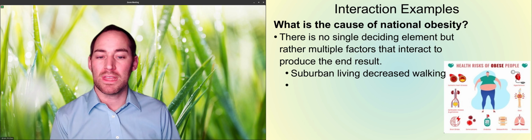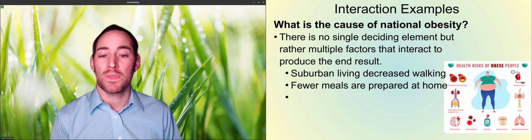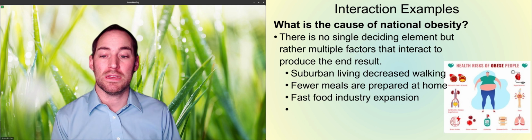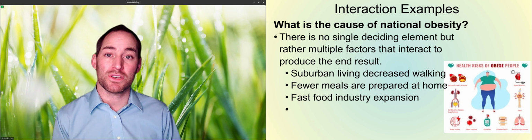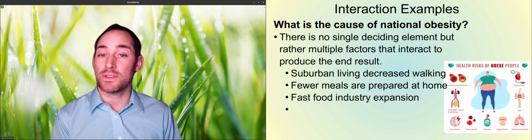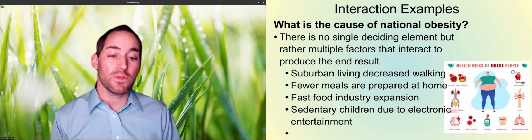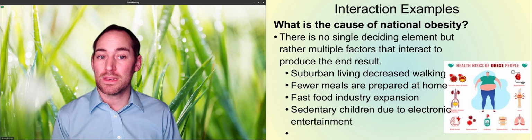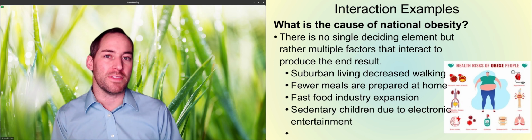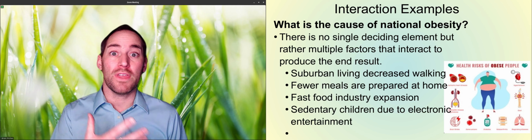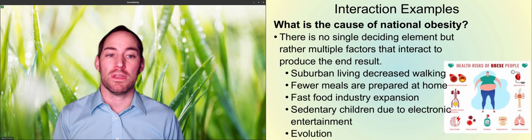So suburban living decreases walking, fewer meals being prepared at home leads to increased obesity, fast food industry expansion. So these are all different variables that can interact to lead to obesity. Sedentary children due to electronic entertainment. And see, so any one of these might not be the cause, but when you put all of them together, maybe you get obesity.